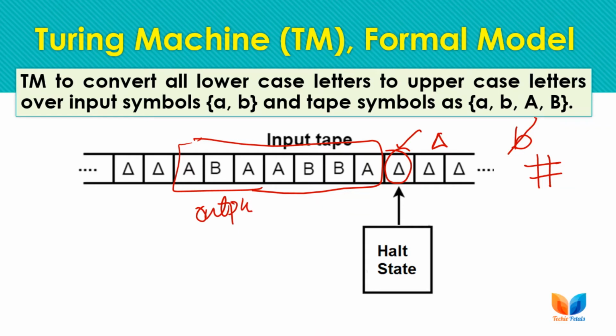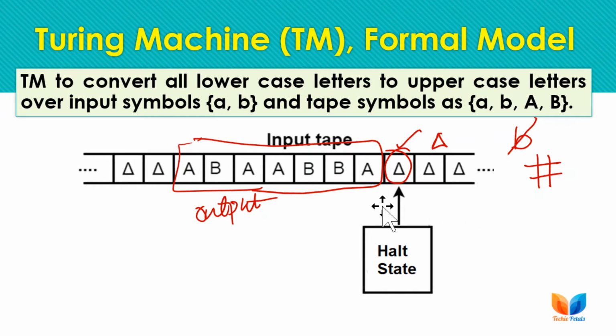After reading the input and converting all the input symbols to capital letters, the tape symbols now represent the output, and we have performed the required computation. Now the tape head is pointing to the blank symbol. If there is nothing on the tape, we have the blank symbol, so the blank represents the end of the string.